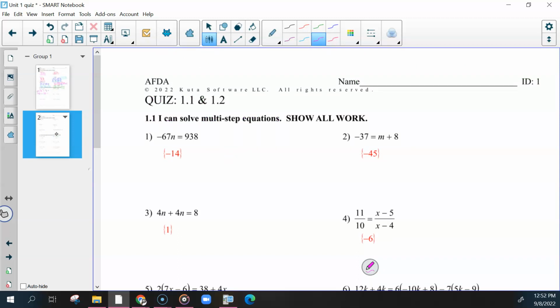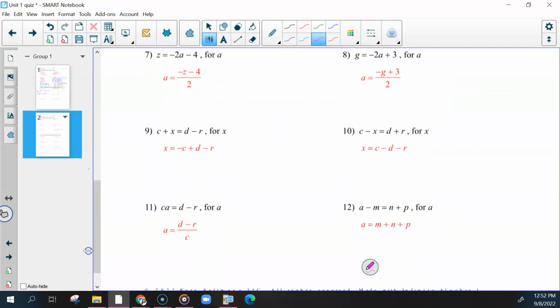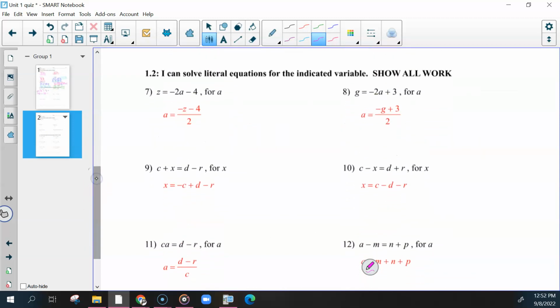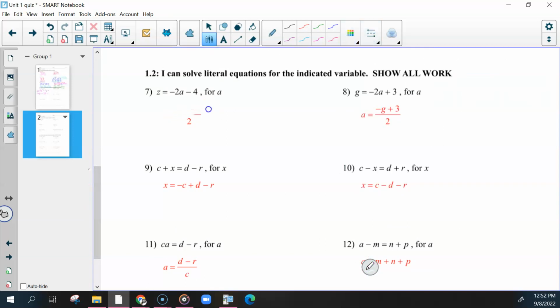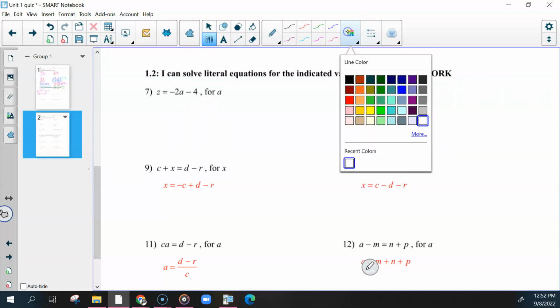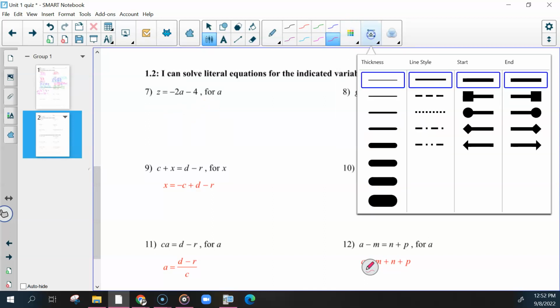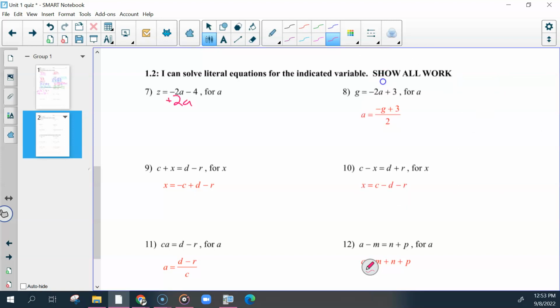So that way is dealing with the negative. If we got rid of the negative, we could do this. So instead of doing exactly what we just did, adding 4 divided by negative 2, I could instead add 2a to the other side.